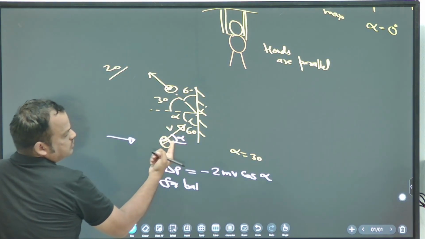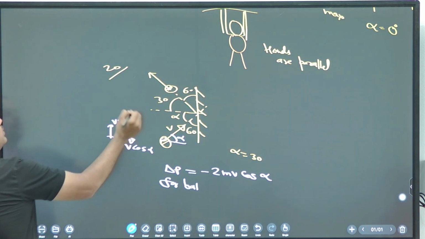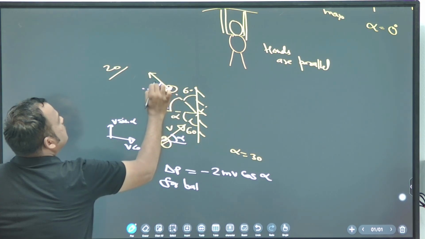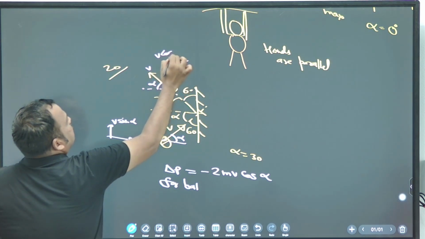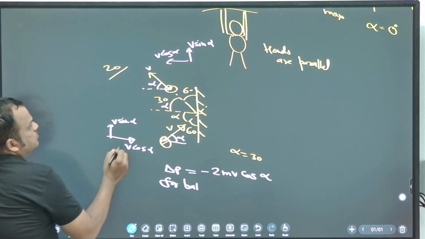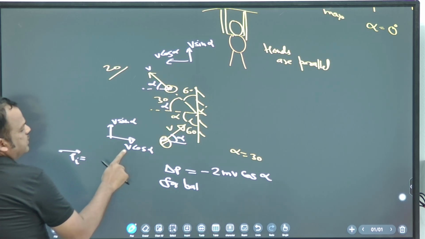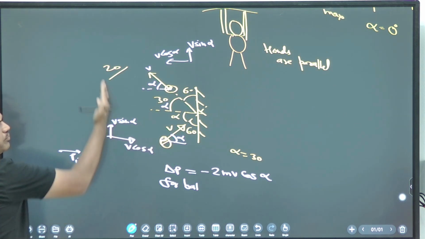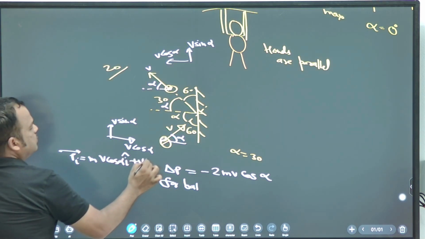V cos alpha, V sin alpha here. Left component is V cos alpha, upward component V sin alpha. So what is the initial momentum? P initial is m into V cos alpha i cap plus V sin alpha j cap.